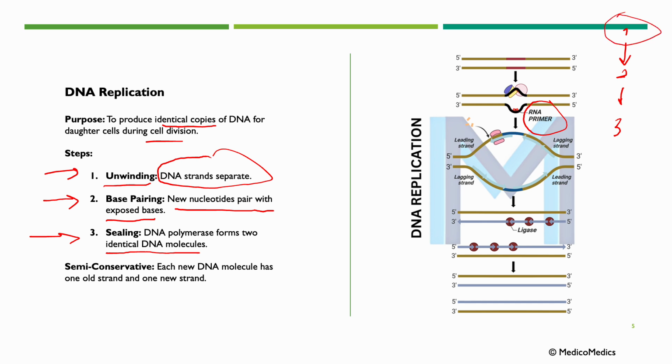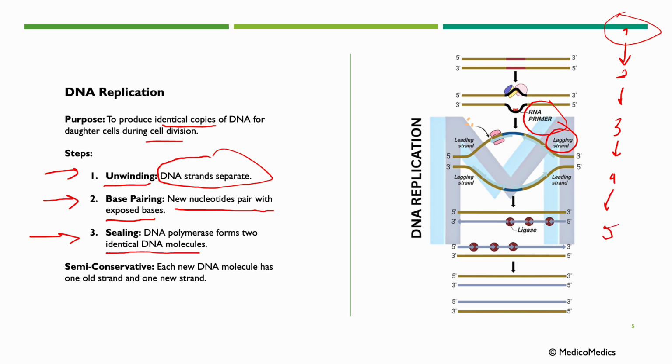We then have step 4, lagging strand synthesis. On the lagging strand, which runs 3 to 5, DNA polymerase synthesizes Okazaki fragments discontinuously in the 5 to 3 direction, each starting from an RNA primer.